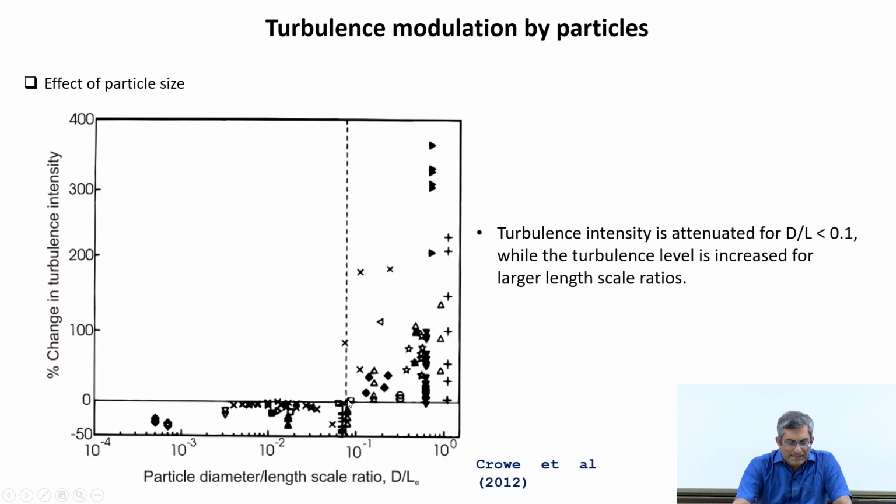So, interestingly, what we see here is that when this ratio of particle size to the large eddy scale is about 0.1 or so, below that we have reduction in turbulence intensity. This means that small particles reduce turbulence intensity, while large particles increase turbulence intensity. So, this is positive, this is negative. Okay.